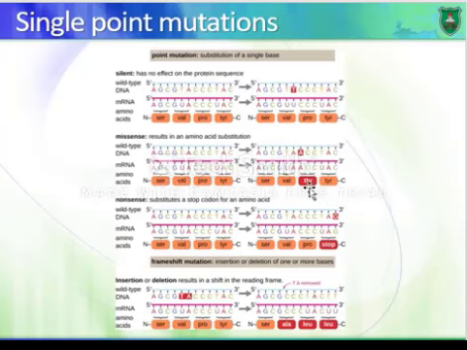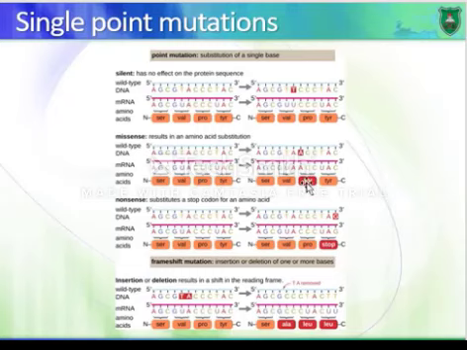The second type of point mutation we call missense mutation. In the missense mutation, the result is an amino acid substitution, so we have a change in the amino acid sequence. You can see here, for example, threonine and proline. In the normal DNA sequence, usually we should get a proline from the CCC codon.